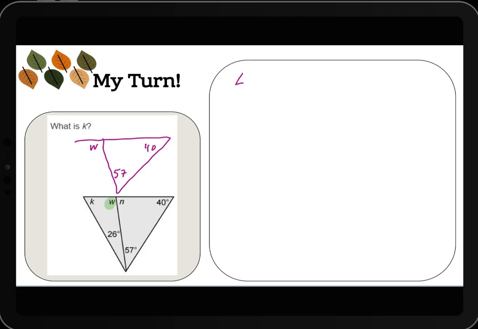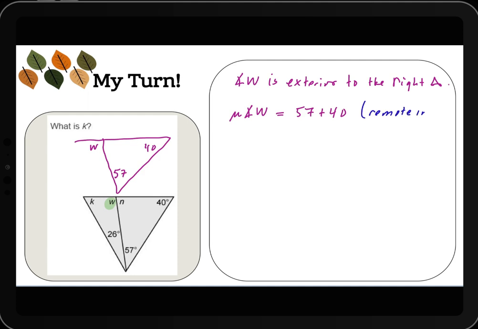So, angle W is exterior to the right triangle. Because it's an exterior angle, I know that the measure of angle W is equal to 57 plus 40. Remember that those are the remote interior angles of the triangle.